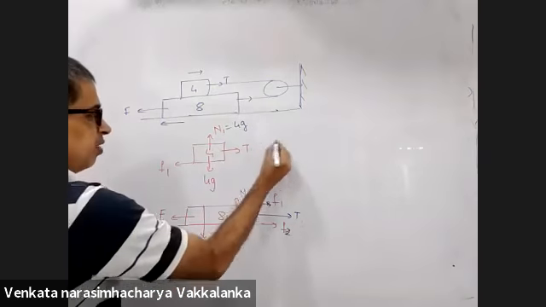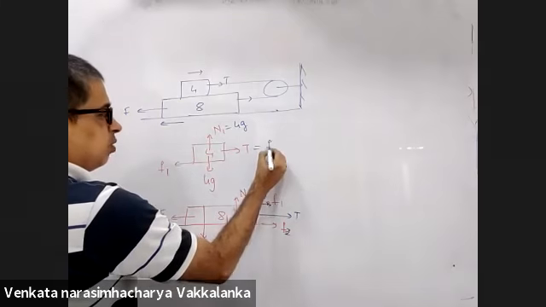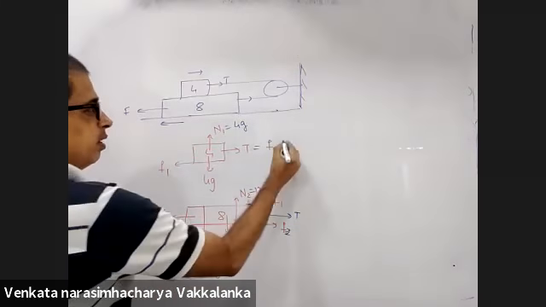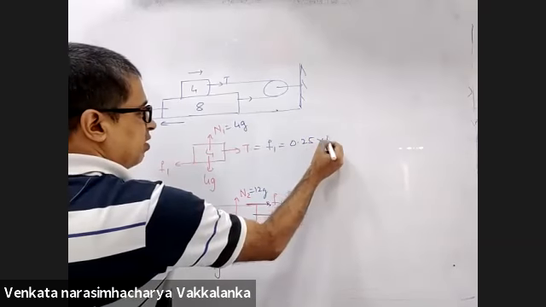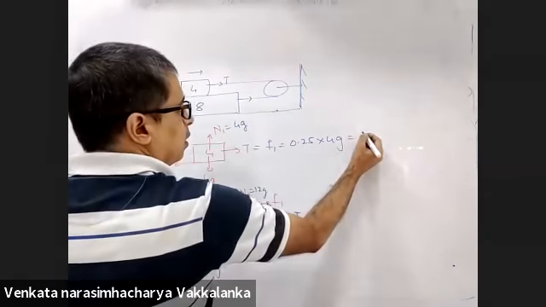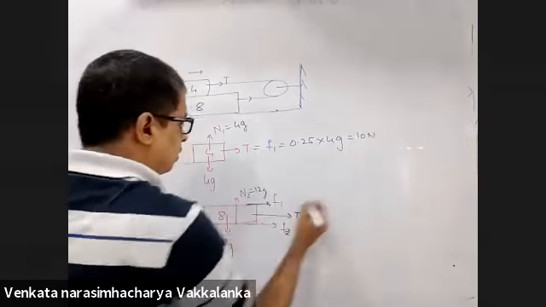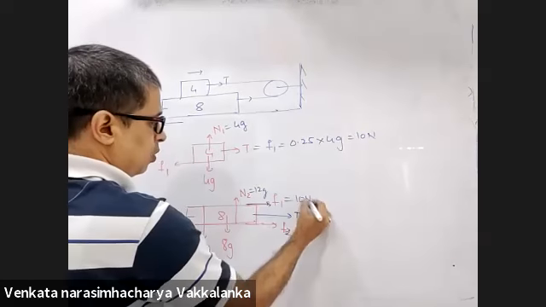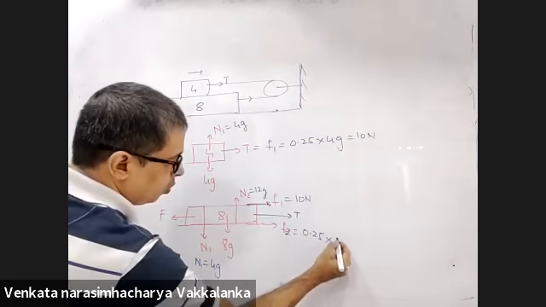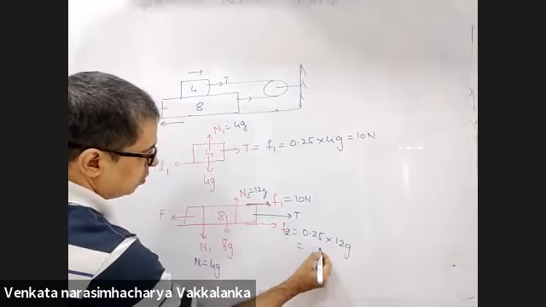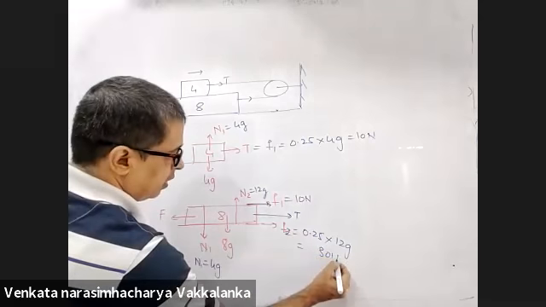Now here this is moving with uniform speed, which means tension T is equal to F1. How much is F1? 0.25 into 4g, 10 Newton. F2 is how much? 0.25 into 12g, 30 Newton.